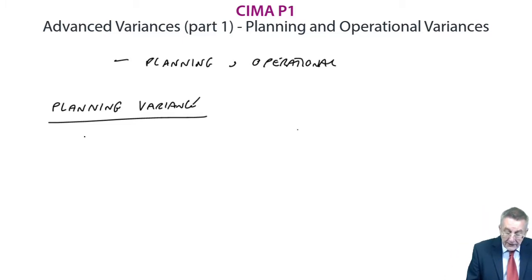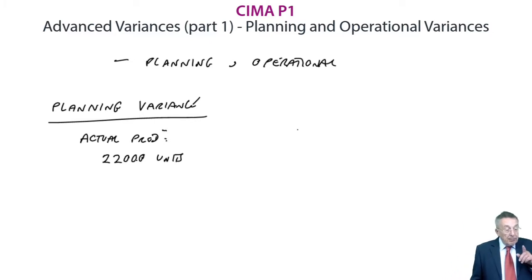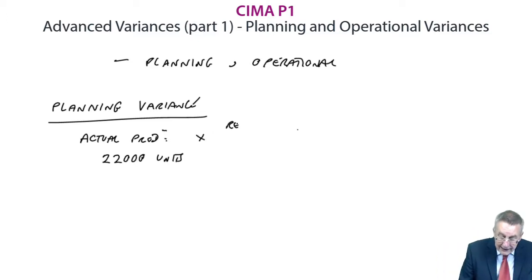For the planning variance, we take our actual production, which was 22,000 units, because overall that's what the effect is on. And we say, well, how much would that have cost using what we call revised standard hours at the original standard cost?